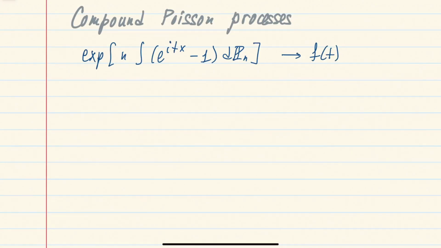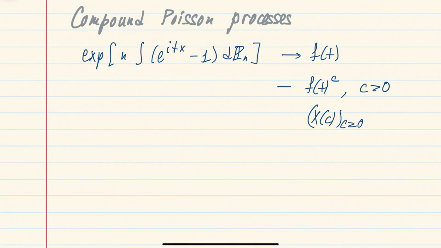Now, on the other hand, we identified with each infinitely divisible distribution a Levy process such that f(t) to the c is a characteristic function of that process at any time c. Right? So on this side, you have some Levy process such that f of t is the characteristic function of this process at time 1.